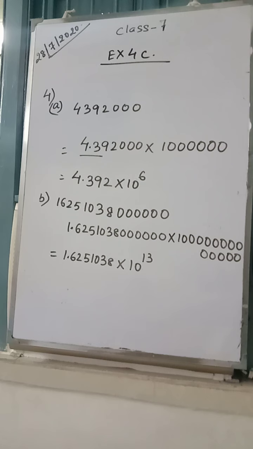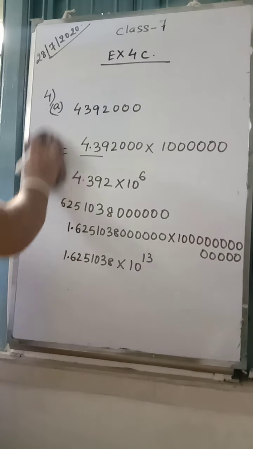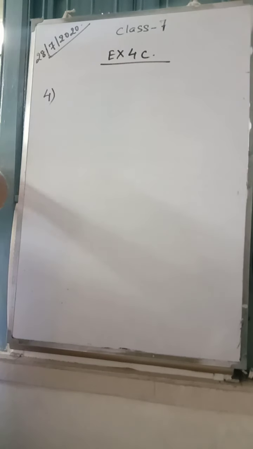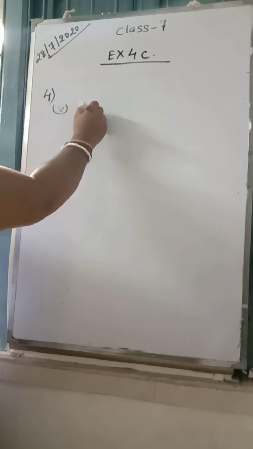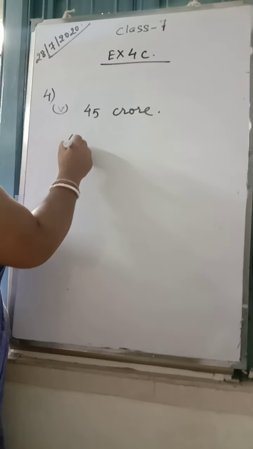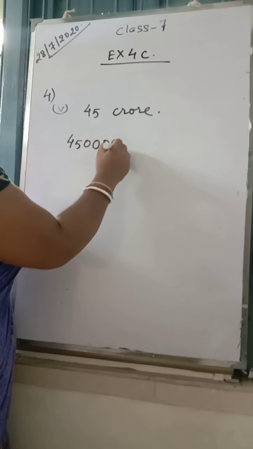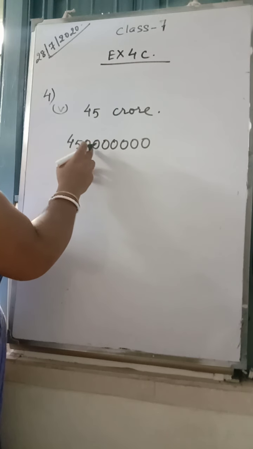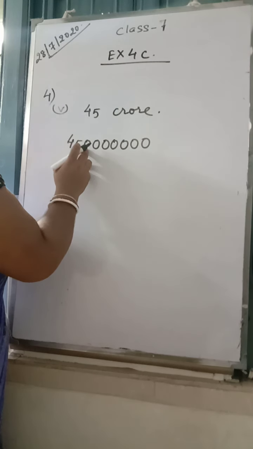Now you see question number 4, the last one, it is given 45 crore. So 45 crore, first of all we'll write as a number. Have a look how to write 45 crore. 1, 10, 100, 1000, 10,000, lakh, 10 lakh, crore, 10 crore.